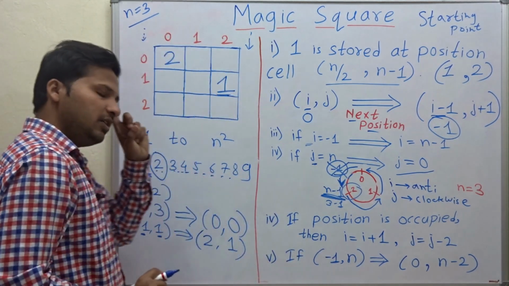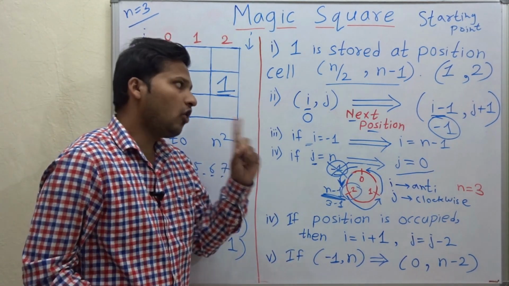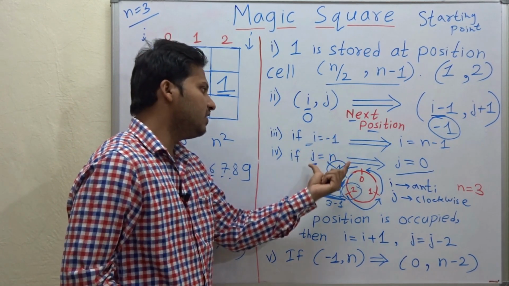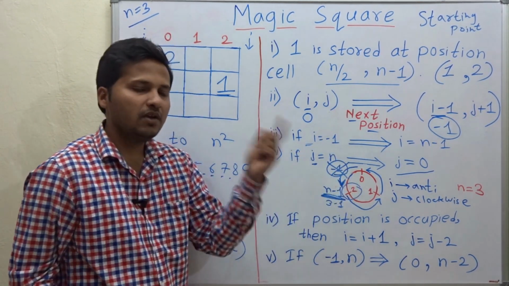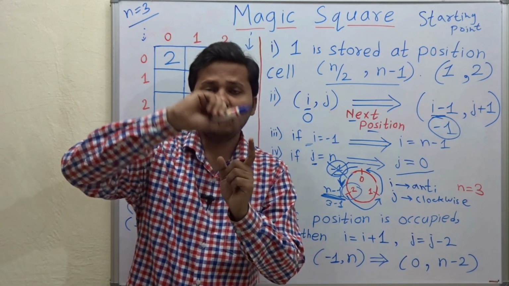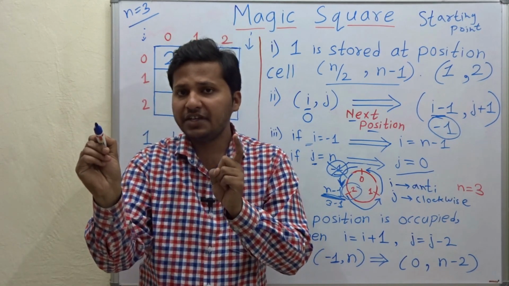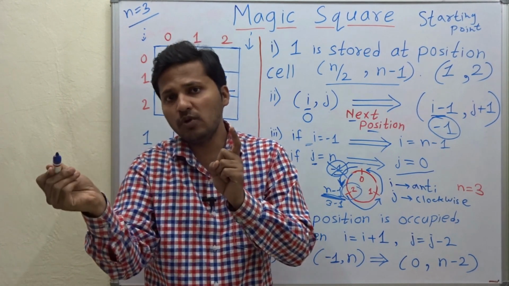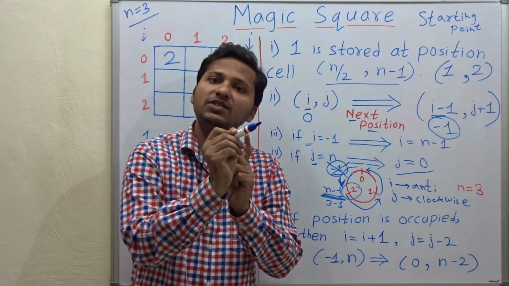So just keep the circle in mind. You will not need to calculate these two rules every time. For j: 0, 1, 2, and if j exceeds 2, then it will again become 0.